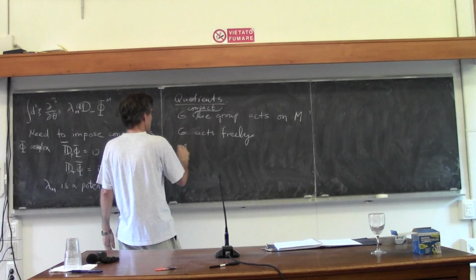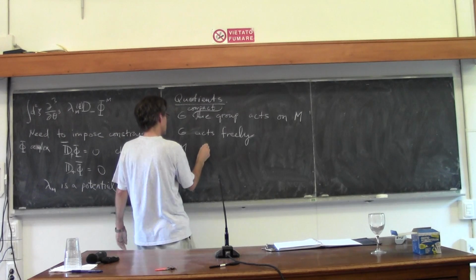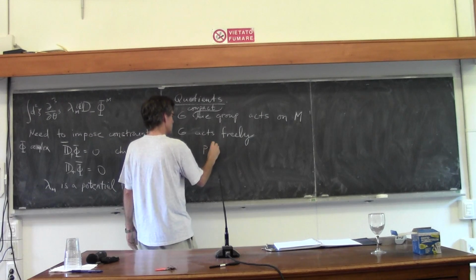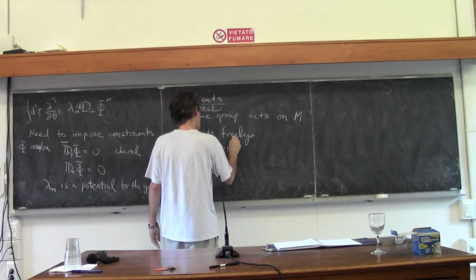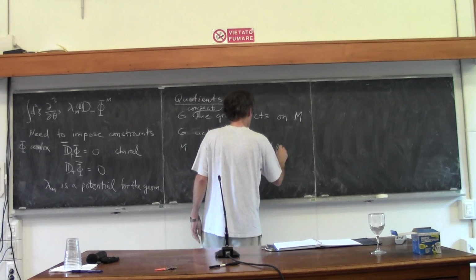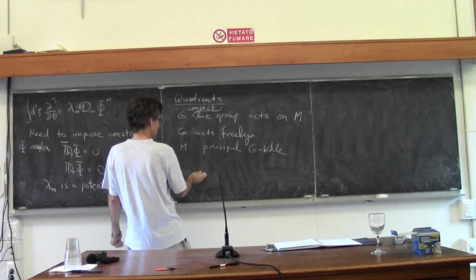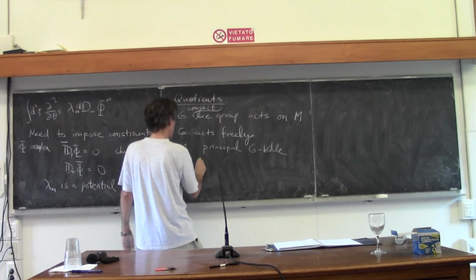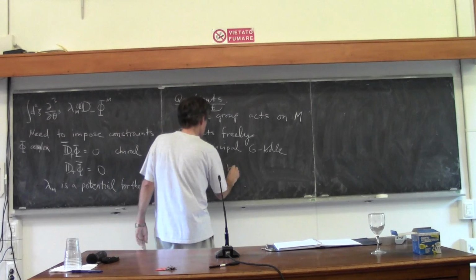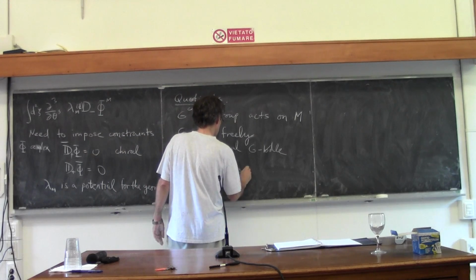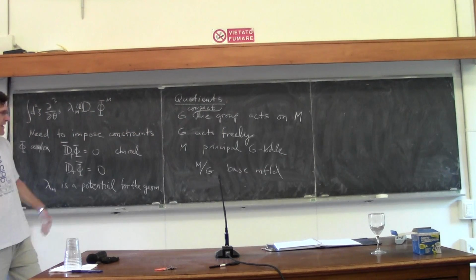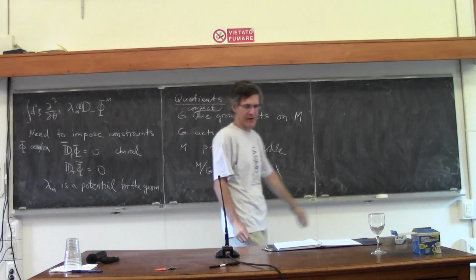So then M gets the structure of a principal G bundle, and the base manifold is M over G. So the base manifold is the quotient of M with respect to the Lie group.